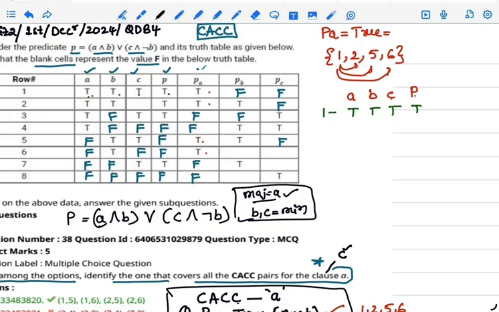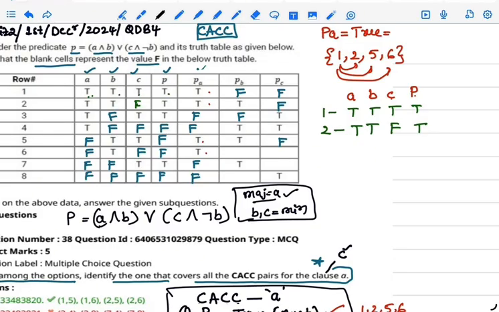Next we check with 2: true, true, false, that is C is false, and PA is also true. We already checked that PA is true for 1, 2, 5, 6.